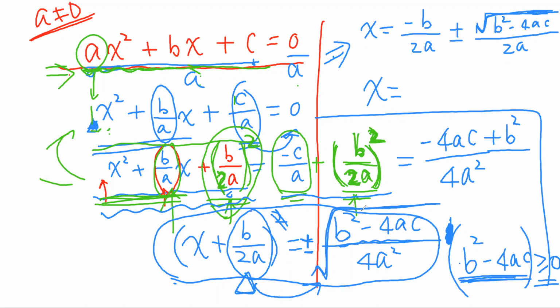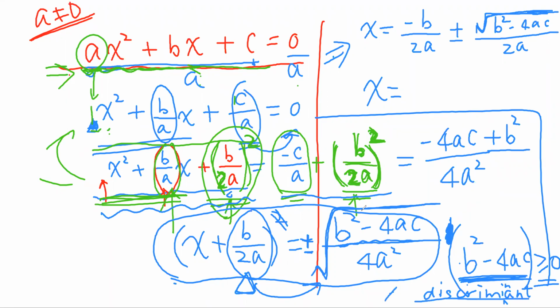We give this one a name. Actually, someone already named it. It's called the discriminant.